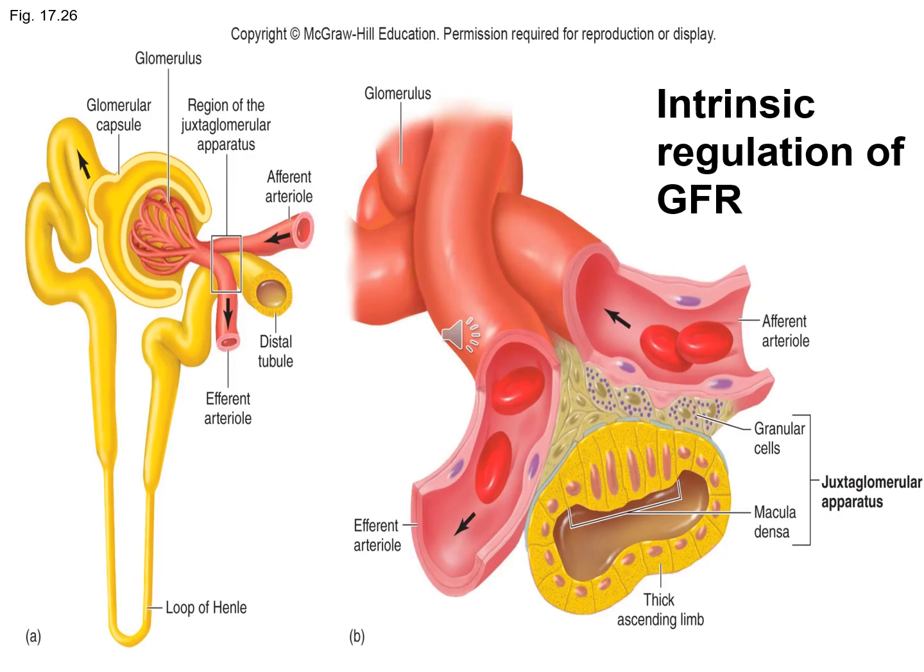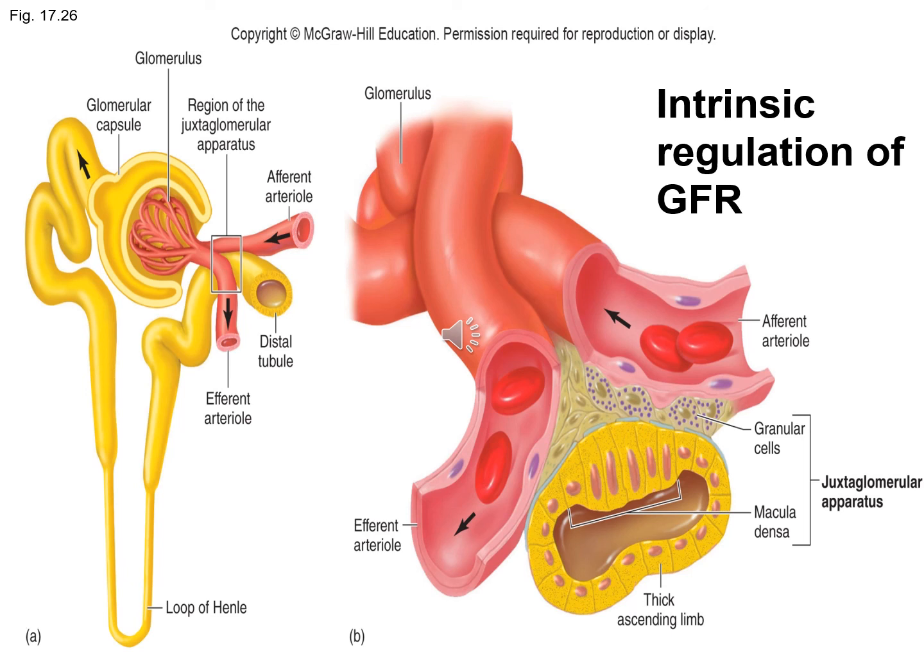This intrinsic regulation of the glomerular filtration rate is achieved by one structure called the juxtaglomerular apparatus. The juxtaglomerular apparatus is composed of two different structures.